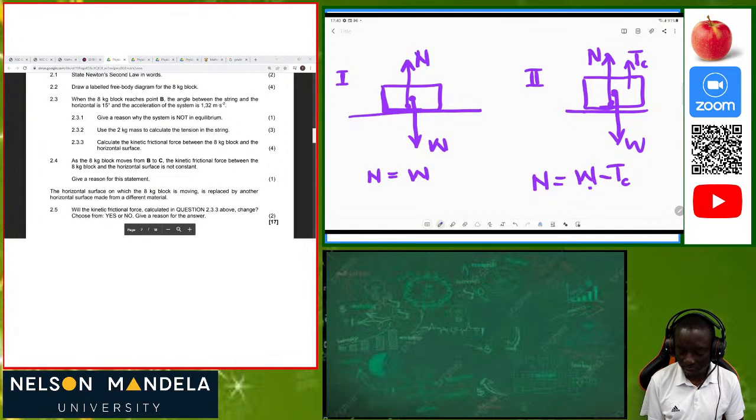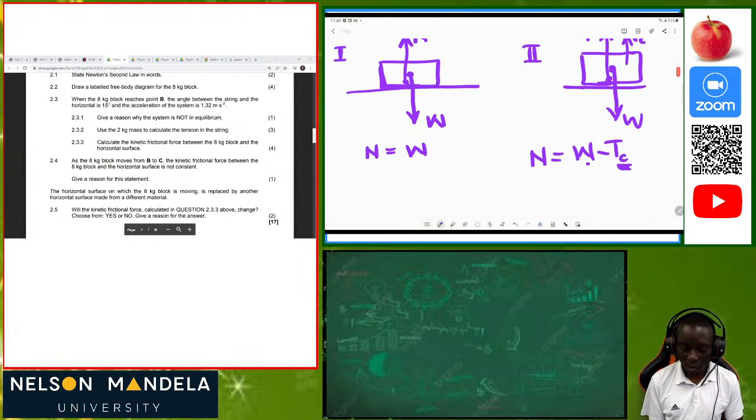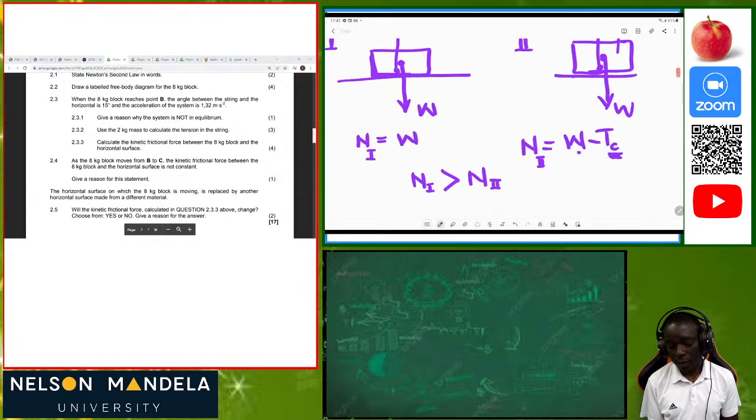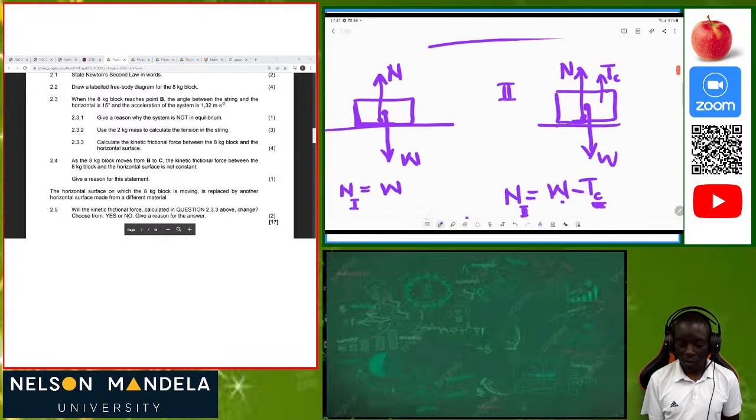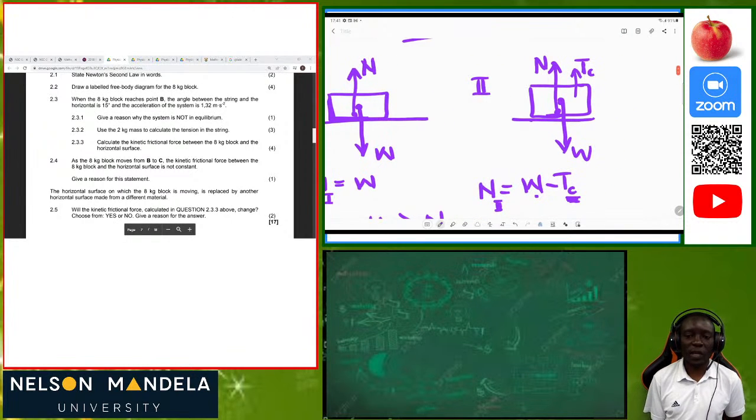Since W is the same, we're now removing a certain fraction of W from the magnitude of the normal. Let me call it normal 2, and normal 1 and normal 2 are different. N1 is greater than the normal for the second case. So the normal in the second case will be reduced because of the presence of that component.